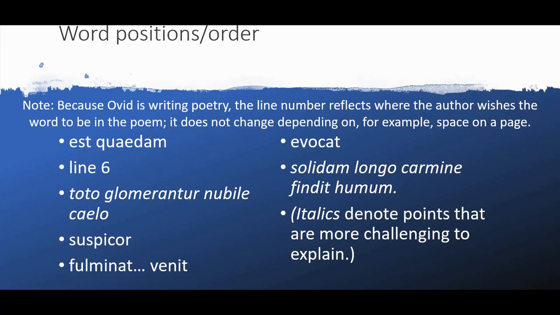To pick other examples, third bullet point, toto glomerata nubila caelo, it should be nubila caelo. If you notice, the toto caelo, the whole sky, is surrounding the word glomerata, which means gathered.